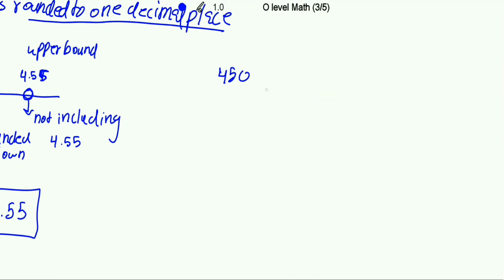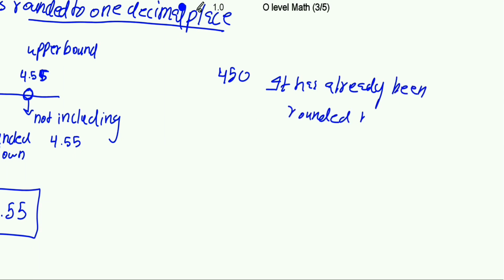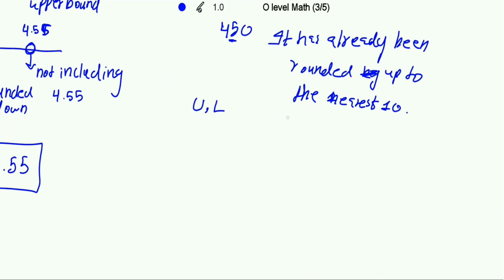It has already been rounded up to the nearest 10. Find the upper bound and the lower bound. How to find them?